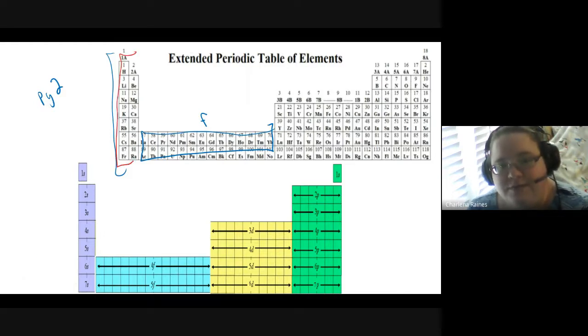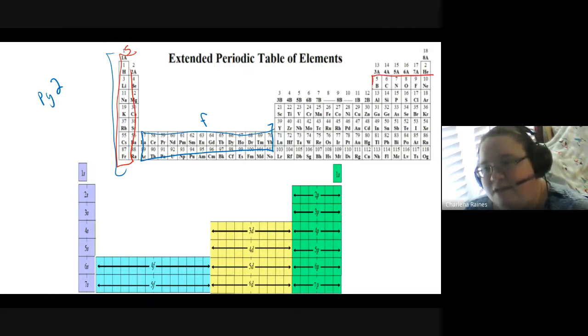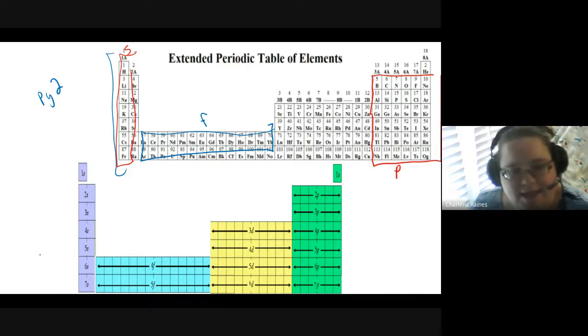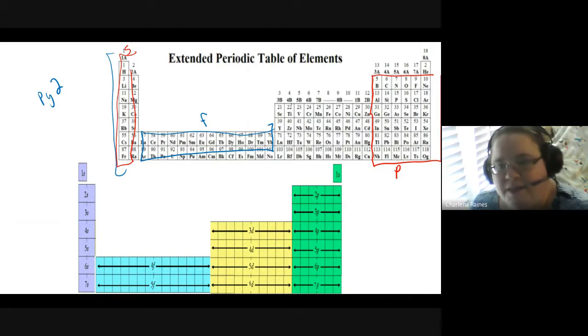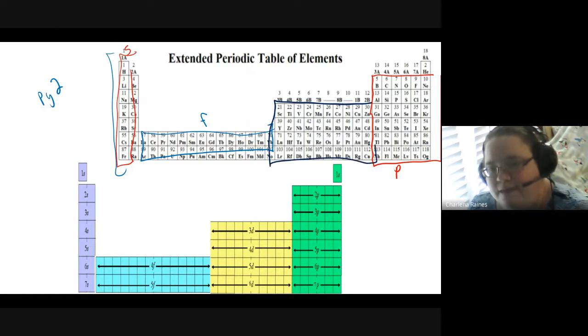First 2 columns are my S, last 6 columns minus helium are my P's, and my transition metals might be a little bit harder to see, but they are this middle part of the table. Those are my D electrons.